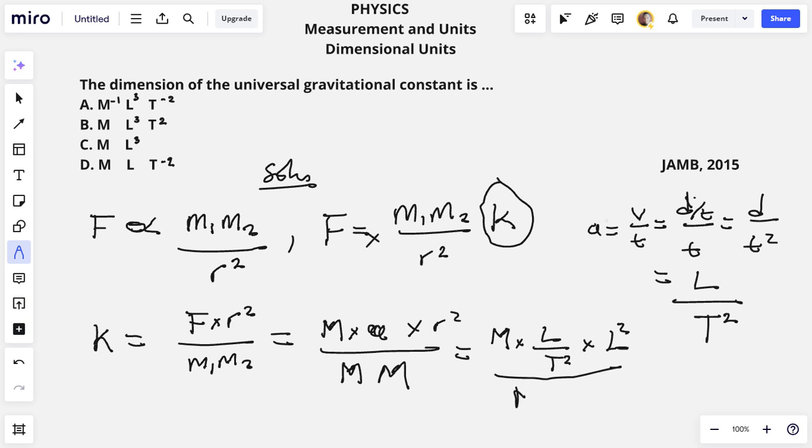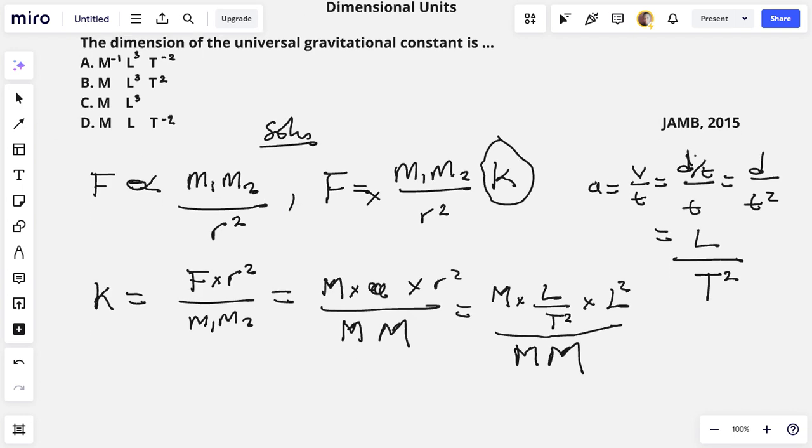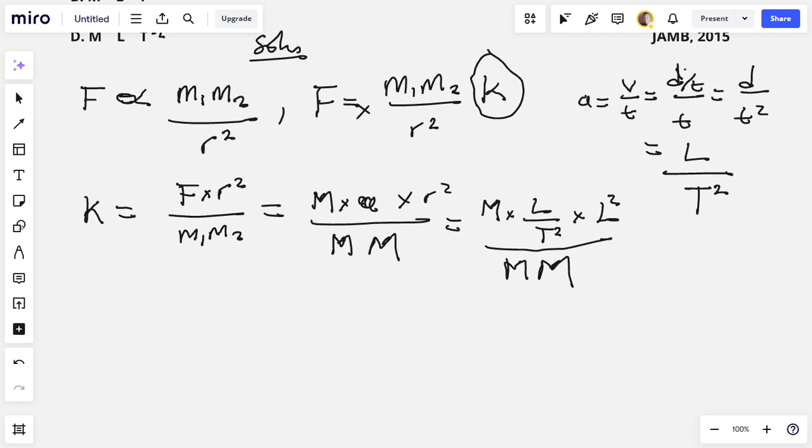Then divided by M times another M. So if we proceed, this will now be M times L squared divided by M times M times T squared.